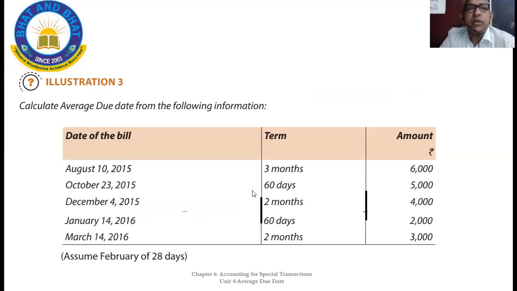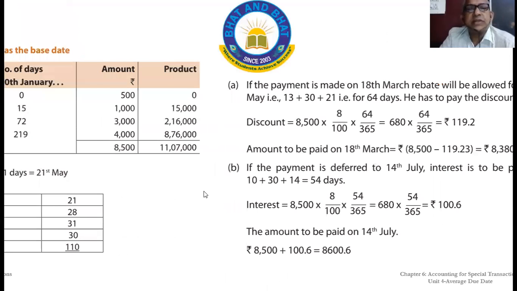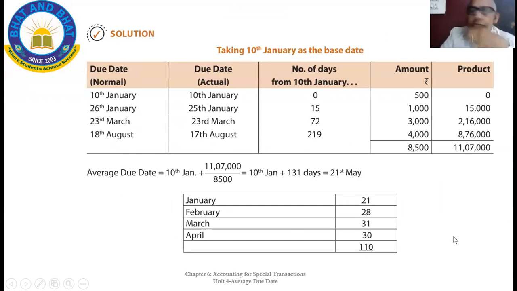Okay. Before going to the next question, you take the solution photo. Shall I move?